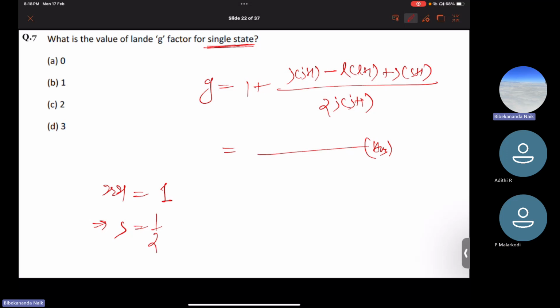It is 0. Because 2S plus 1 is 1, so 2S is 0. That means S is 0.